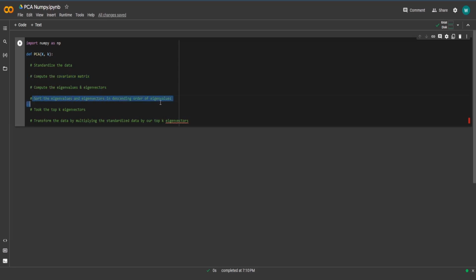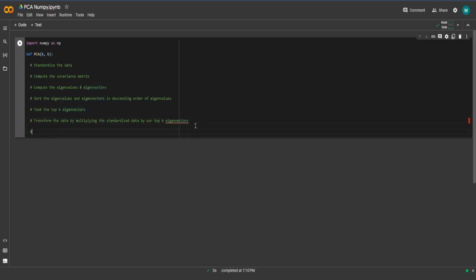We sorted the eigenvalues and eigenvectors in descending order of eigenvalues, so we can take the top k principal components, or the top k eigenvectors, and then we transform the data by multiplying the standardized data by our top k eigenvectors. And in order, we're going to return our eigenvectors, eigenvalues, and then our transformed data, okay?